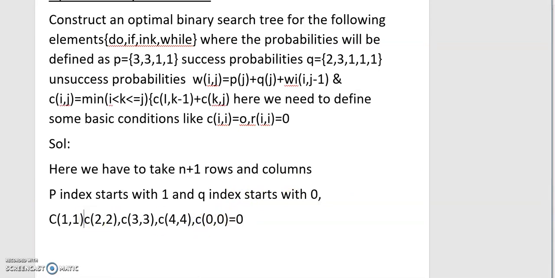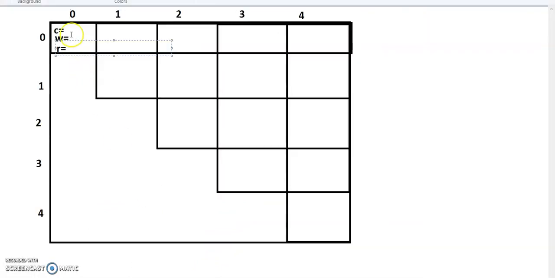All these values are 0. So we can define that all these values are equal to 0. So all the diagonal elements have cost 0 and R also 0.